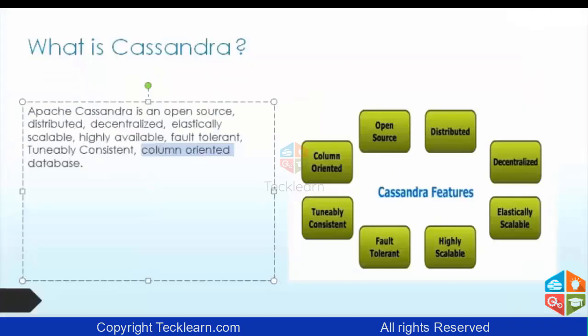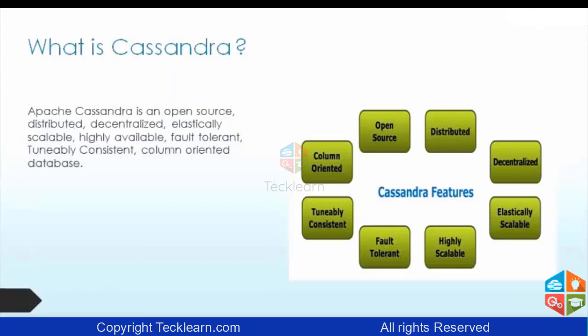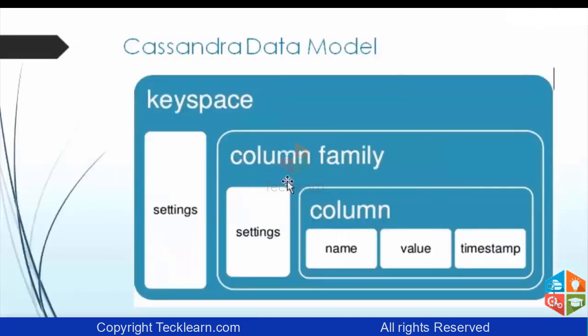Now let's come back to the further things. So that was about Apache Cassandra, and how it looks like. Now, first of all, there is something known as a key space. Now we are getting more into the internals of Cassandra.